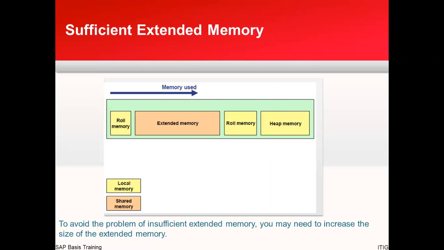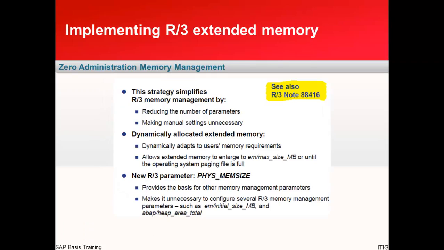Then sufficient extended memory, implementing R3 extended memory. So just take note of these parameters and the note number where you can find more details about zero administration memory management.